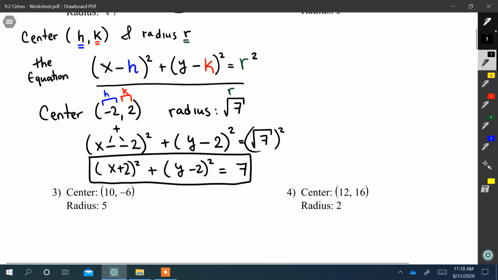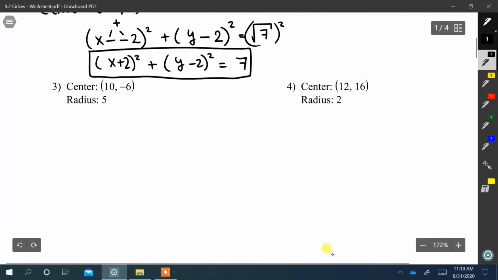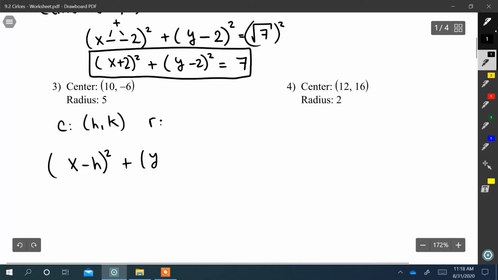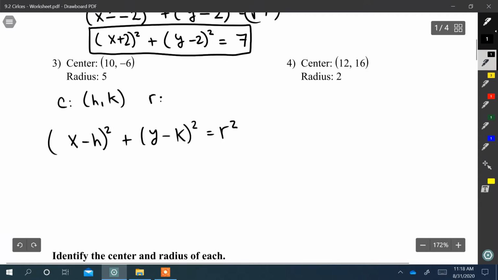All right, let me do another one here. So once again, if you have the center H and K with radius R, the equation will be x minus h squared plus y minus k squared is equal to r squared. What they're giving me there is the center and the radius. So I'm going to erase the h, and in this case the h is 10.